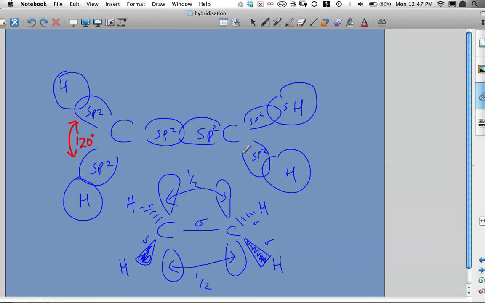Now this type of bonding, where the bonding occurs perpendicular, in line with the sigma bond, where the p orbitals overlap by stretching over, is known as a pi bond. So this is half a pi here and half a pi here, and you end up with this.